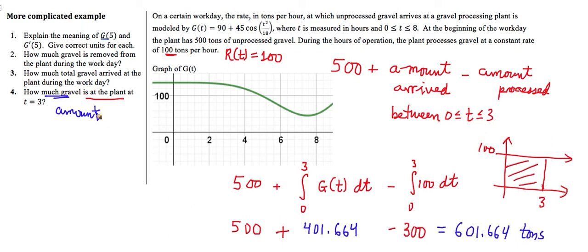So what this example illustrates for us is how the definite integral applies in other contexts besides velocity, acceleration, and position. We have a rate here, just like we did before. G of t, again, let me remind you, is a rate. Just like in the previous examples, velocity was a rate. Acceleration is a rate. Here we have a rate as well.